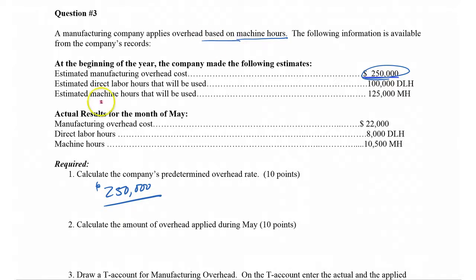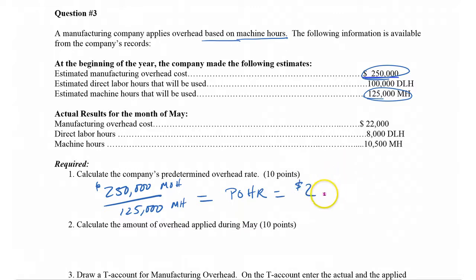So what's the total estimated machine hours? 125 hours. So this is manufacturing overhead. This is machine hours. That gives us a rate, a predetermined overhead rate. And this looks like it's $2 of overhead per machine hour.